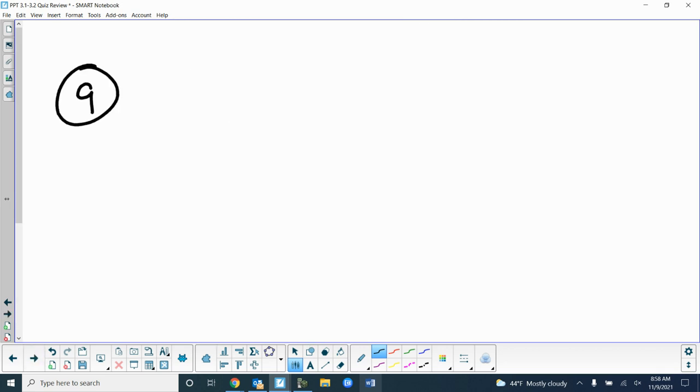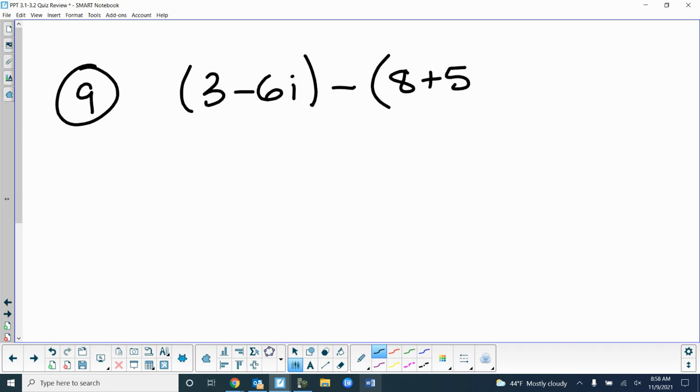We're subtracting one complex number from another complex number. All we're doing is combining like terms. So what's 3 minus 8? Negative 5. What's negative 6i minus 5i?